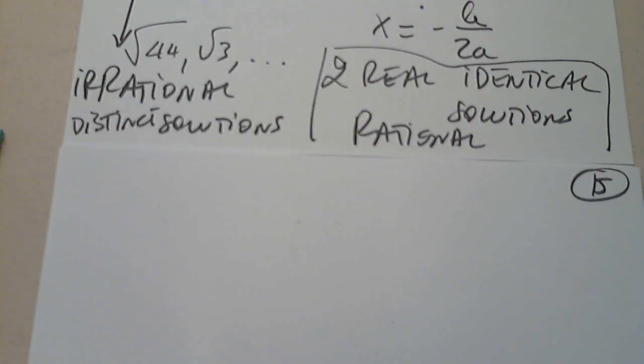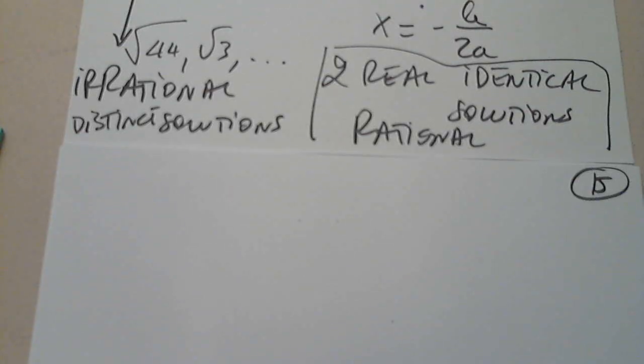Then identify whether the quadratic equation has two rational solutions, two irrational solutions, one repeated real solution, or two complex solutions. Complex means not real. Two non-real or complex, same thing. Two solutions that are not real.